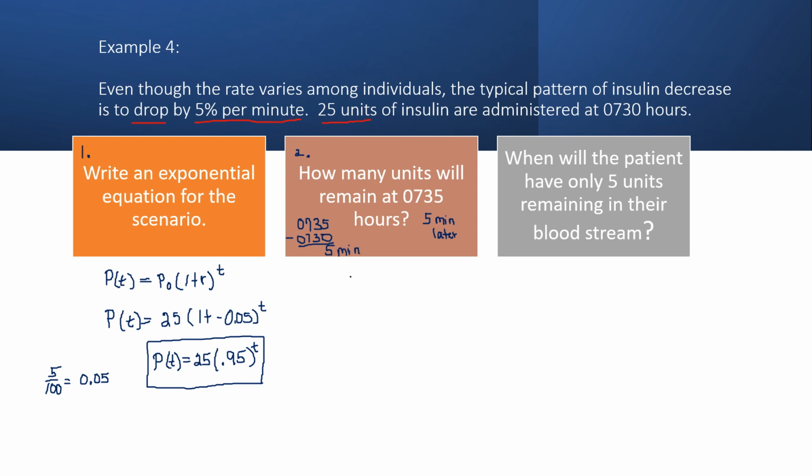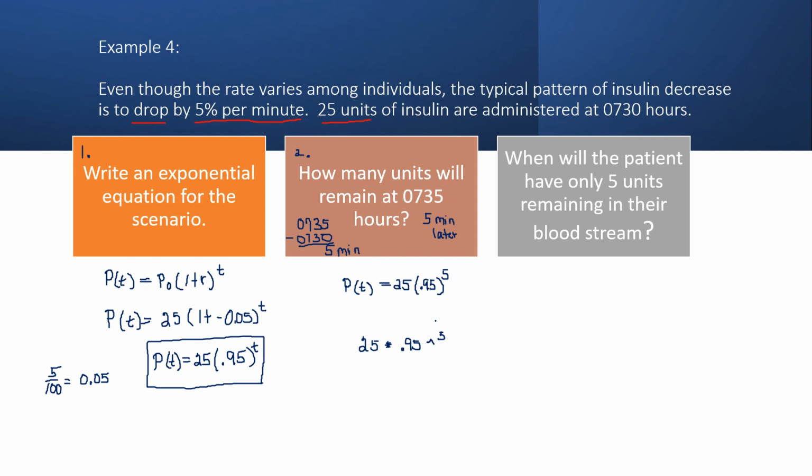And so I'm going to go to my formula, and the population at another point in time is 25 times 0.95 to the exponent of 5. This is calculator friendly, so on my calculator I will type 25 times 0.95. I will use the caret key and put in the exponent of 5.